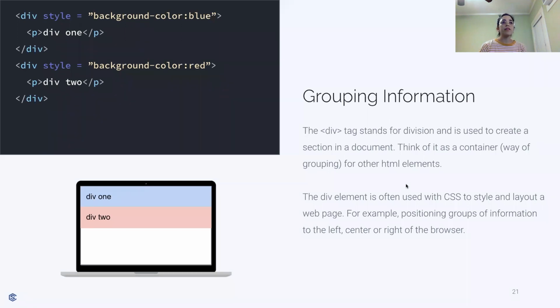Okay, so div tags are really handy for sectioning off different parts of your web page, and using as a container for other HTML elements that you may want to organize in a certain way. Yeah, so that's the gist of what a div tag is. It's a really common tag that you'll come across, but just think of it as a container as far as what it can do. Okay.